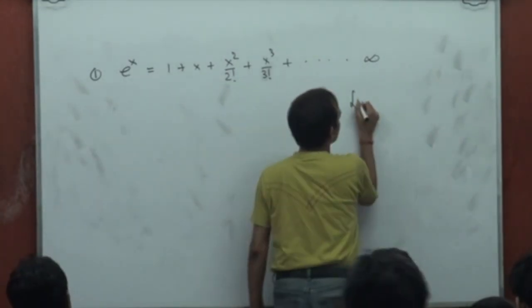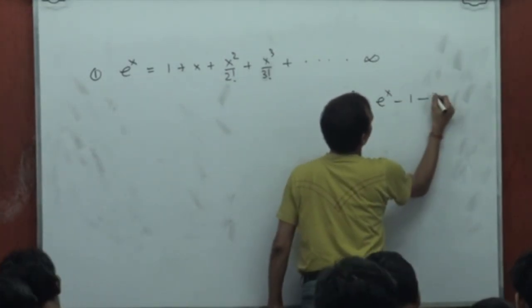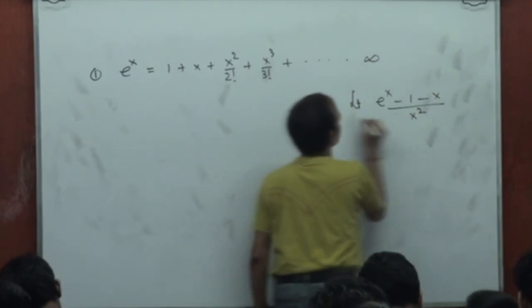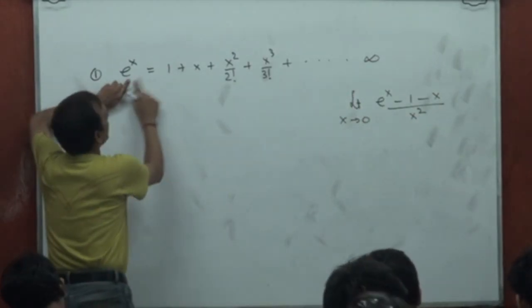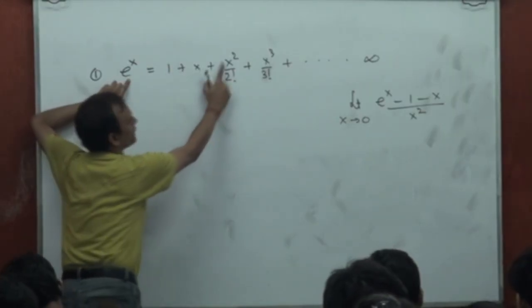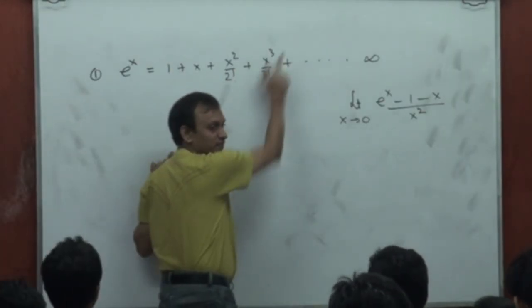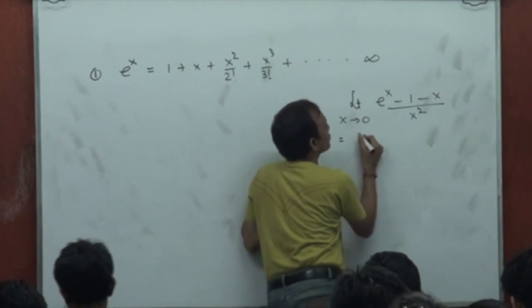Now, this limit: (e power x minus 1 minus x) by x square as x tends to 0. Okay, e power x minus 1 minus x is what? x square by 2 factorial plus x cube by 3 factorial and so on and so forth.